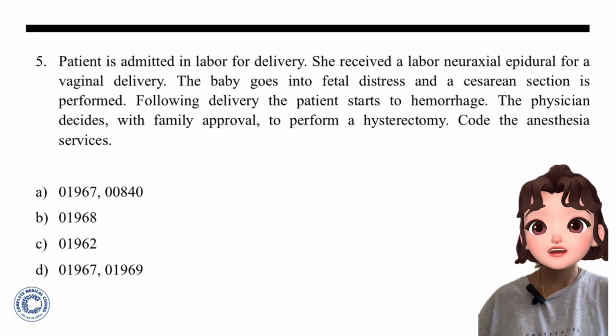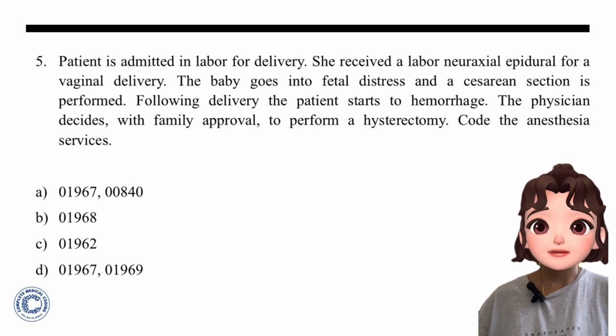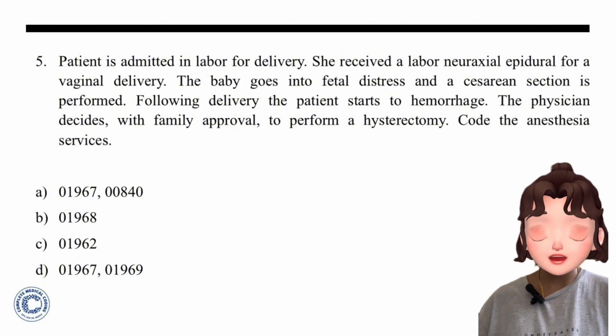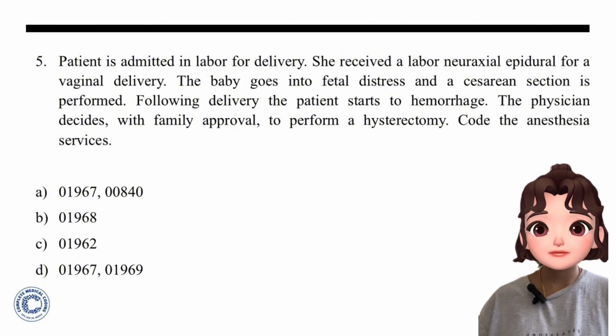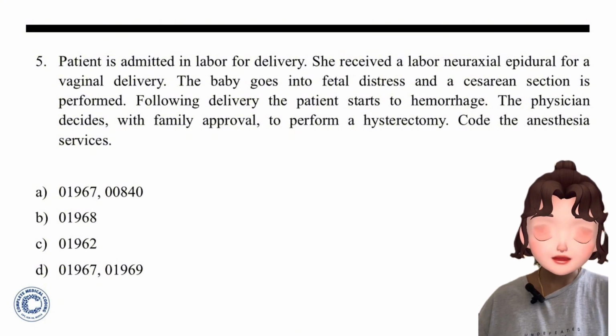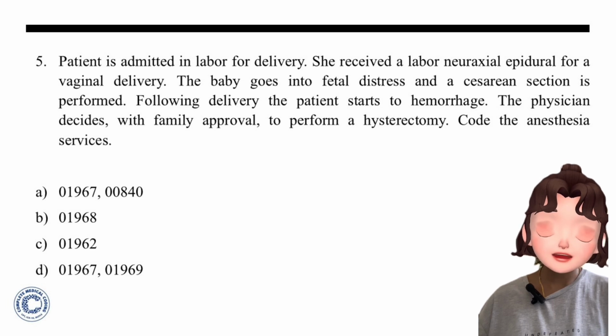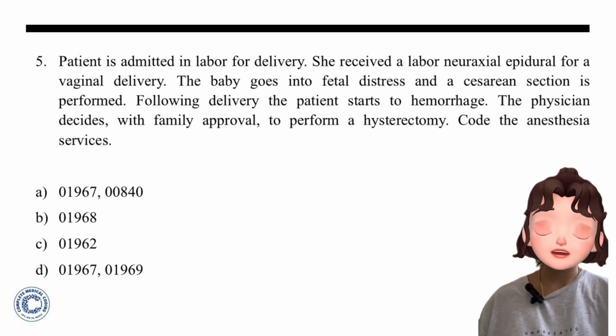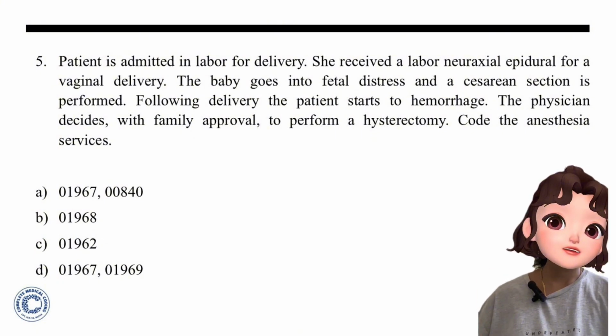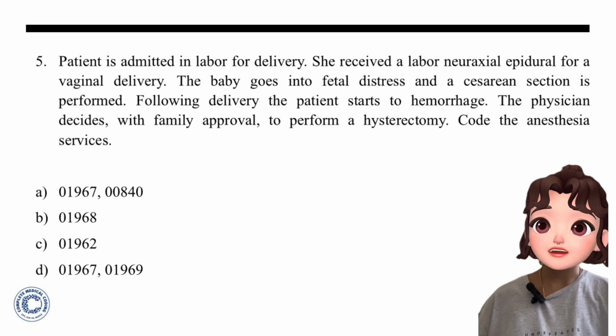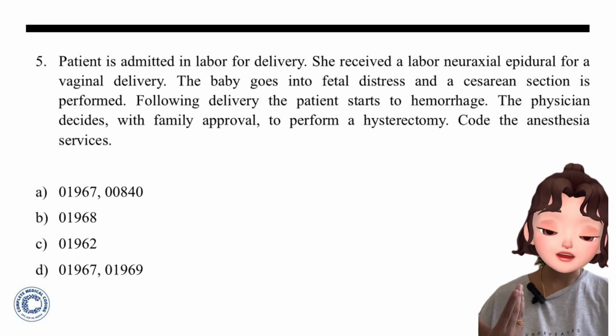What is the second code? In option A, 00840. What is 00840? 00840 is anesthesia for intraperitoneal procedures in lower abdomen, including laparoscopy. No, there is nothing mentioned in our question about laparoscopy. Later they performed a cesarean section, or later a hysterectomy, so there is nothing about laparoscopy.